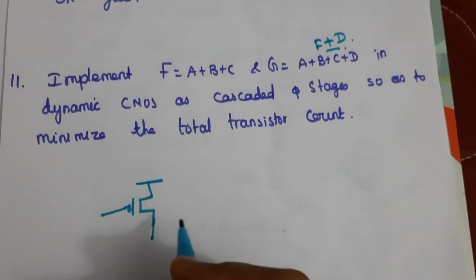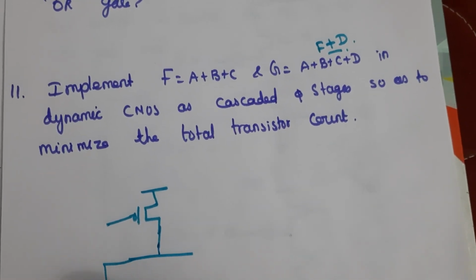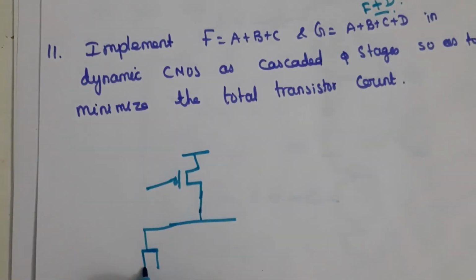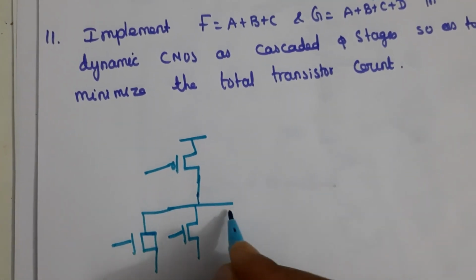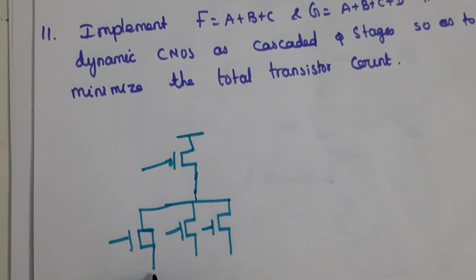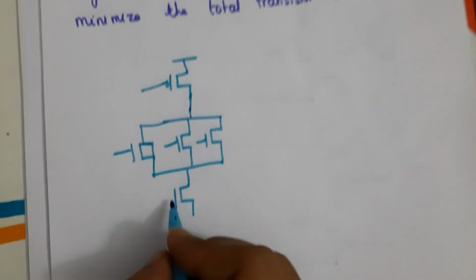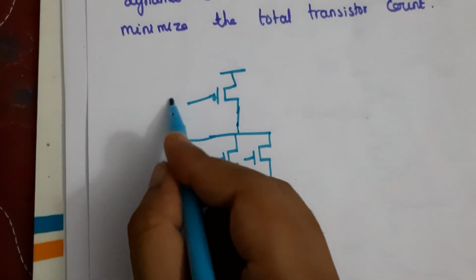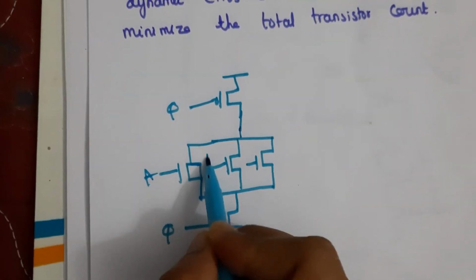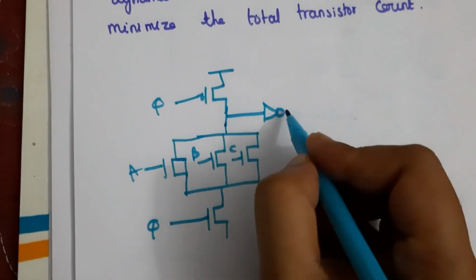First, this is the adder circuit, so we use a parallel connection of A, B and C, and this is the evaluate transistor, and the clock is given here. The same clock is given here also, and this is the inverter.